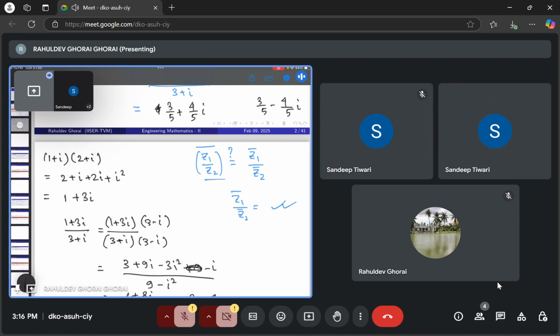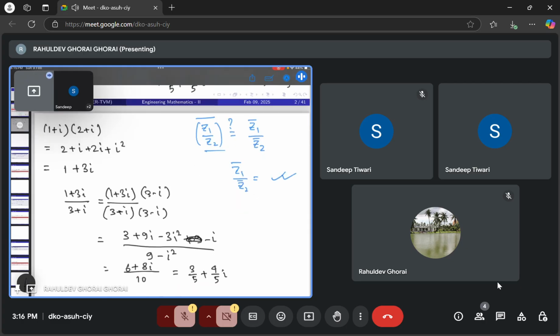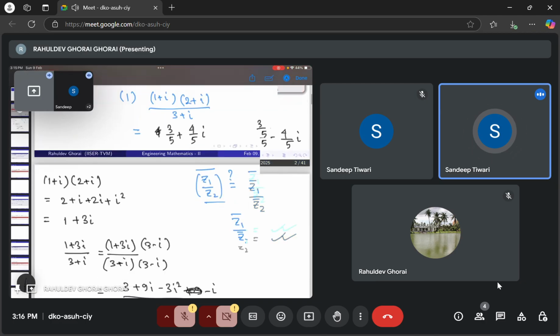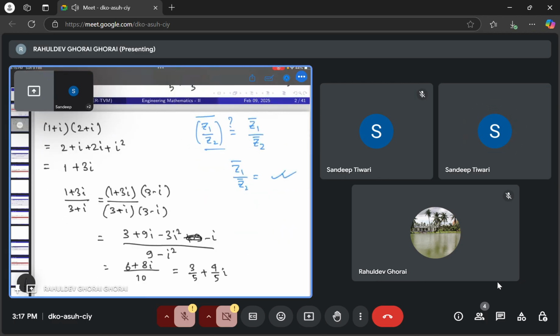This 1 plus i times 2 plus i, that is 1 plus 3i. That's why 1 minus 3i over 3 minus i. Okay, now multiply. It seems it will be same.